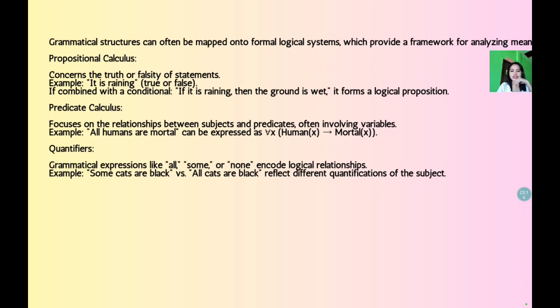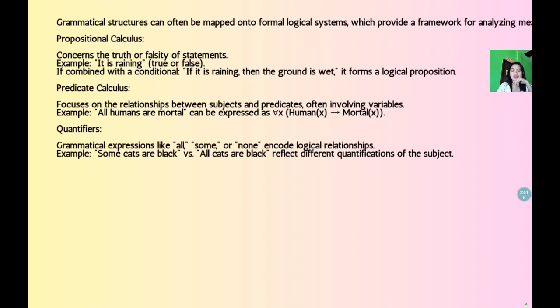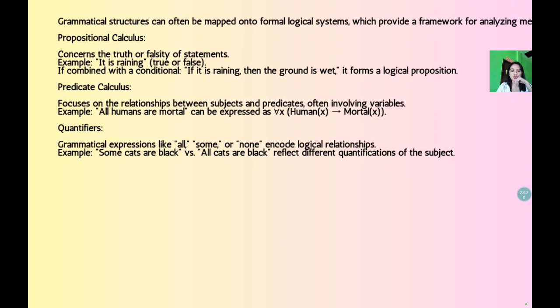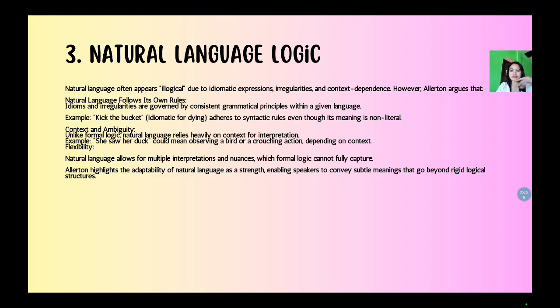Quantifiers, grammatical expressions like all, some, or none, encode logical relationships. Example, some cats are black versus all cats are black reflect different quantification of the object.